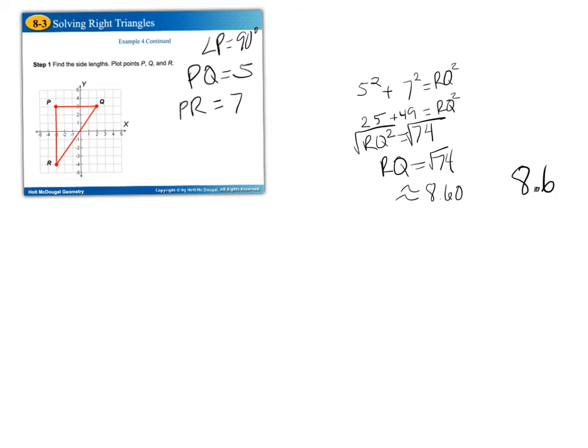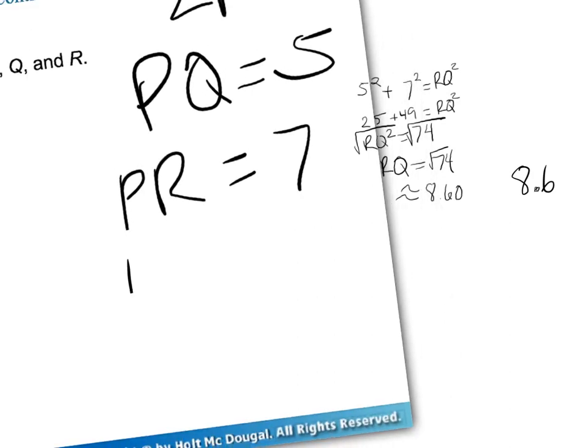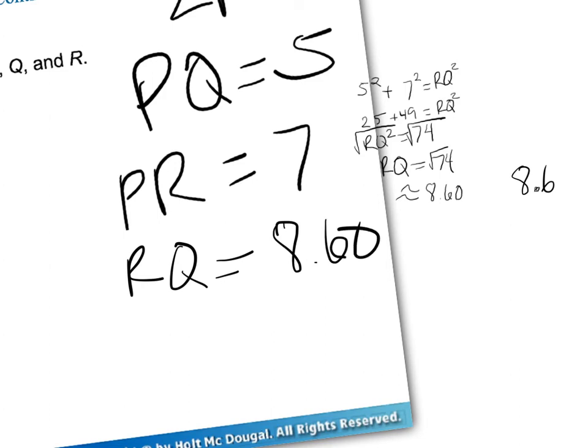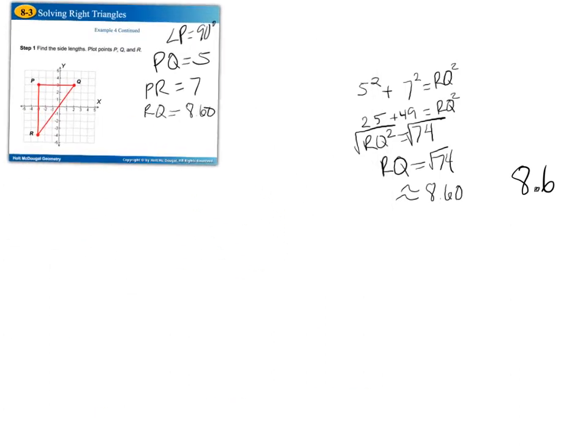All right, so now I've got, let me enlarge this again. I've got RQ as being 8.60. Now I'm going to find my angles. I'm going to find angle R. So angle R, I'm going to do tangent again. Tangent's kind of the easy one, I think. SOHCAHTOA.